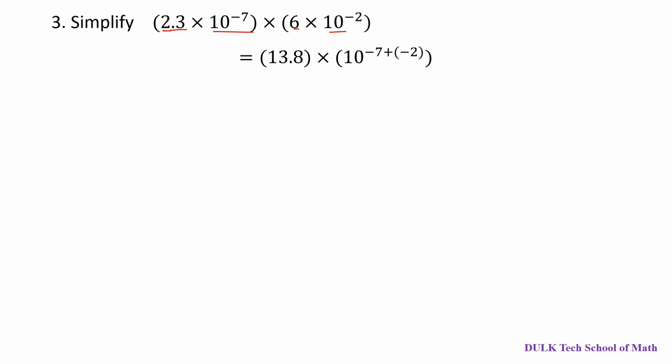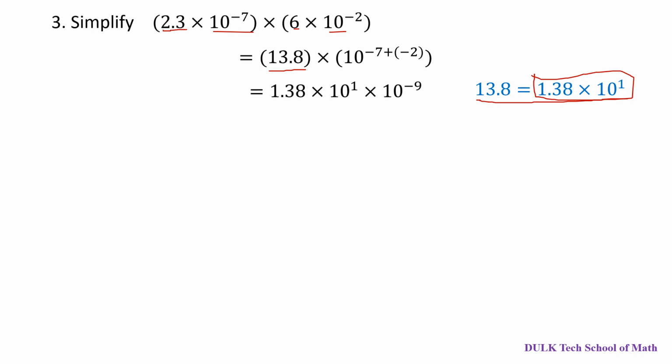This 13.8 is not in standard form, so let's express 13.8 in standard form, and it is 1.38 times 10 to the power 1. So instead of writing 13.8, we are now writing 1.38 times 10 to the power 1.